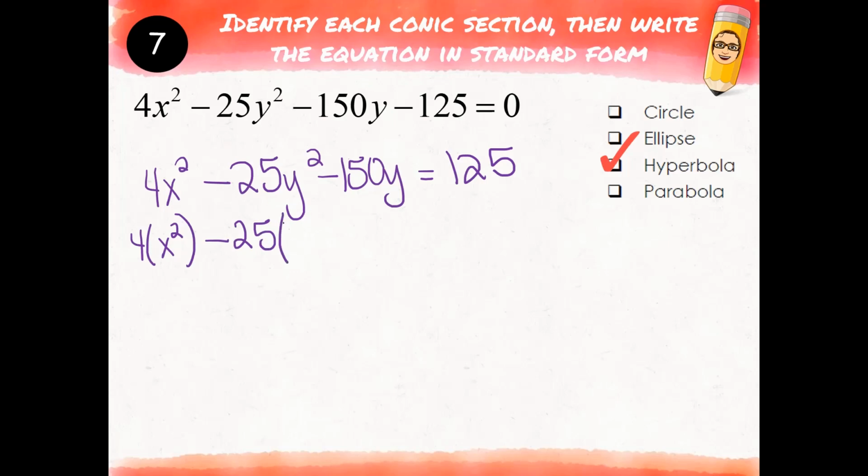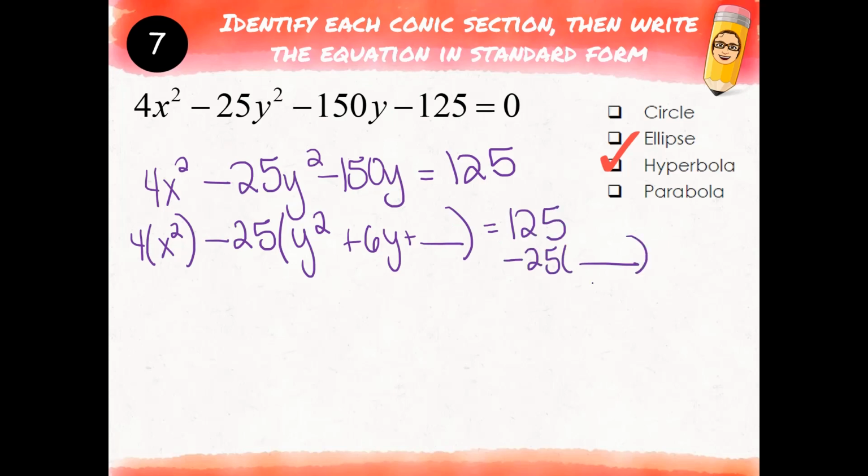I'm going to factor out a negative 25, which would give me, what is 150 divided by 25? 6 is going to be a positive 6y. So over here, I got 125 minus 25 times something. That's my y. The x's don't have anybody, but I do need to find the blank. So I'm going to go 6 divided by 2 and square that.